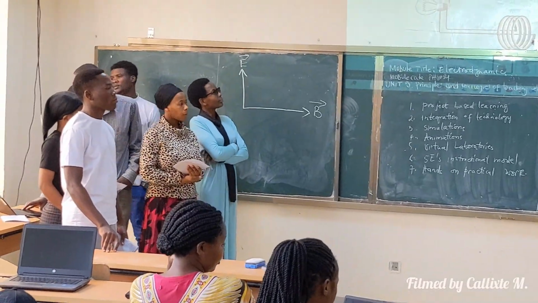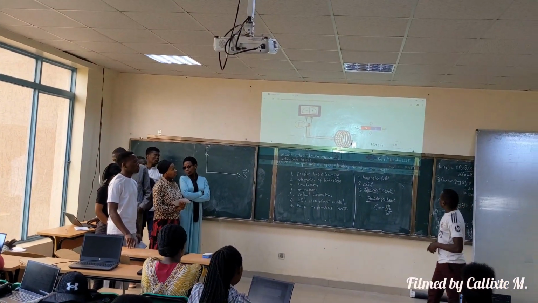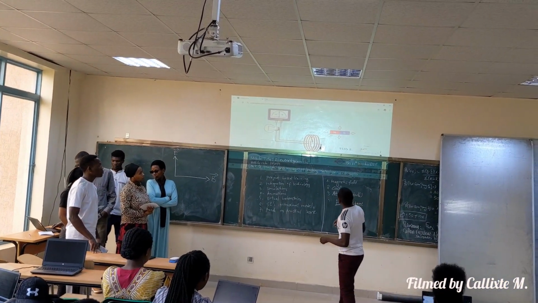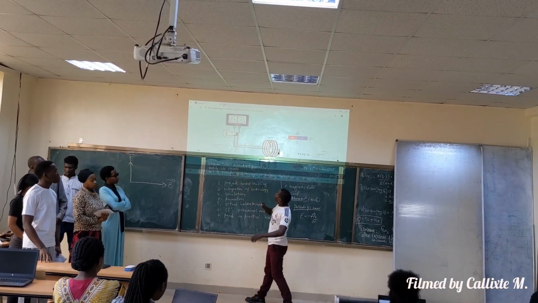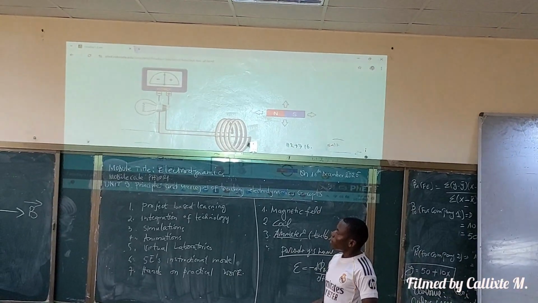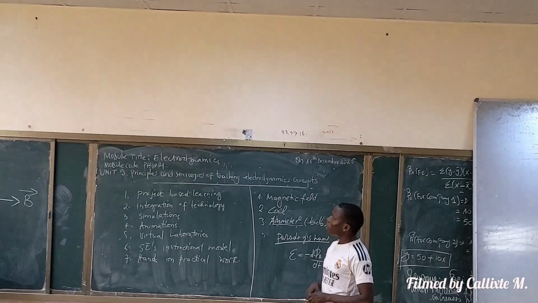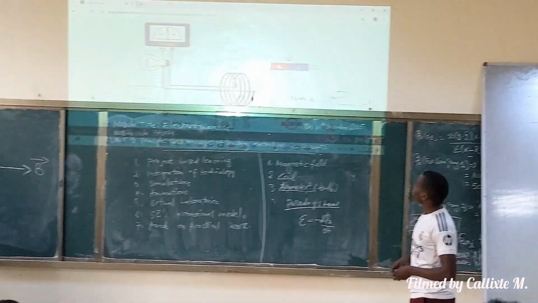So it is going to help us to explore this simulation. You can put the magnetic field. Yes, we are going to look at how, when we change the size of the coil, the electricity is going to change. Here we have a coil and we have a magnet.